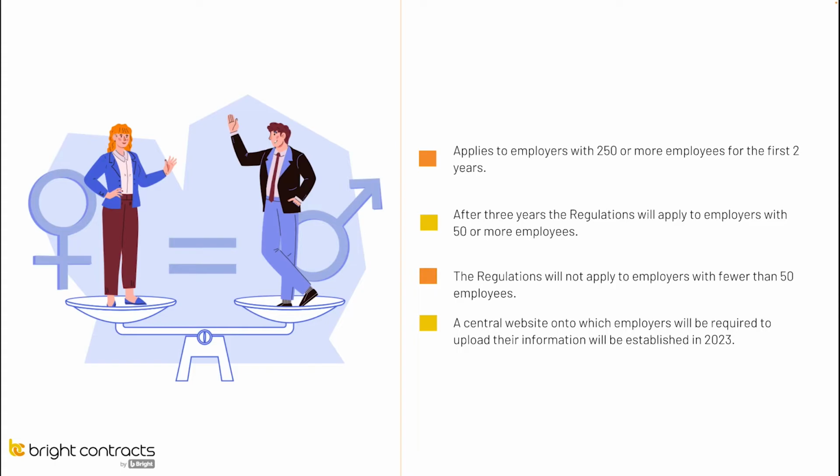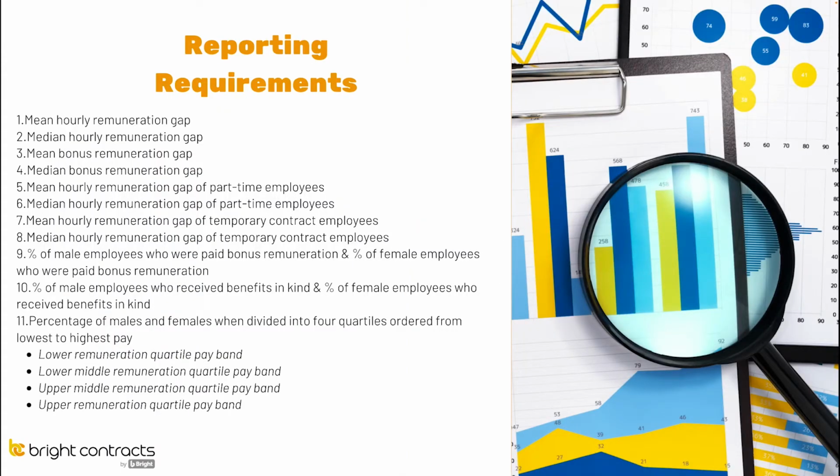Now, the Minister has indicated that a central website where employers will be required to upload their information will be established in 2023, but for reporting in 2022, employers are only obliged to report on their website or at least make it available for inspection during normal business hours.